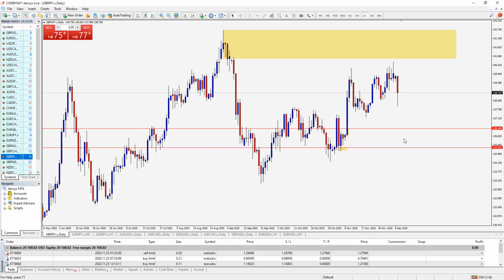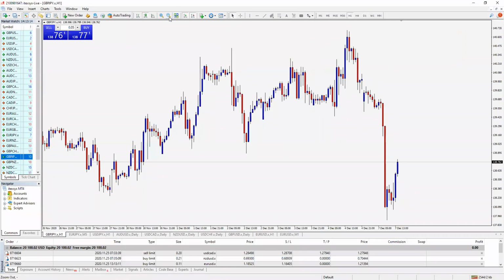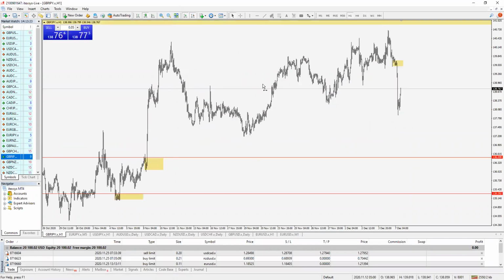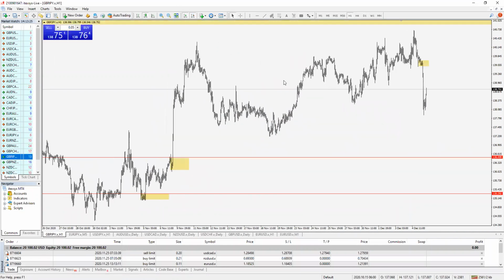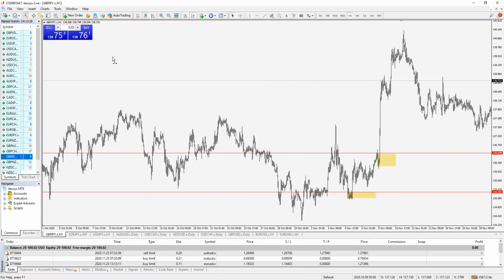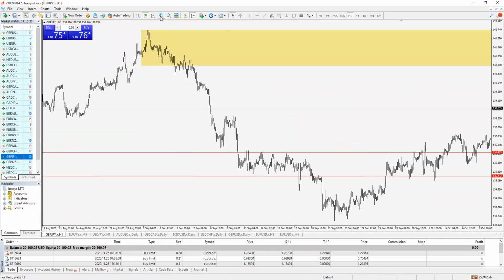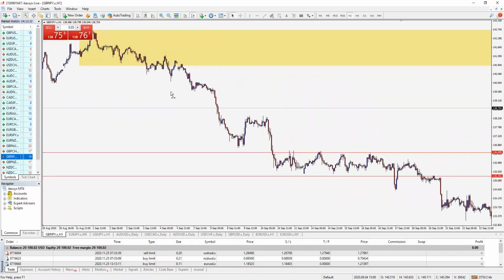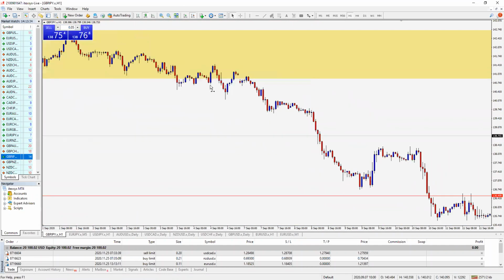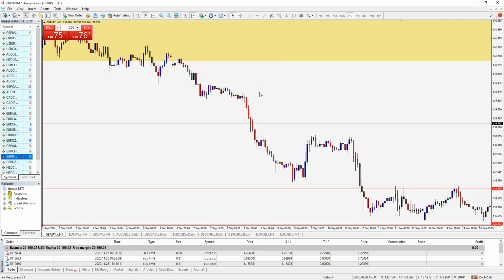Okay, so those are demand areas. Let's see if we find some supply. Of course, you have this one just formed off the hourly chart. Let's see if there's anything else. That one right there.